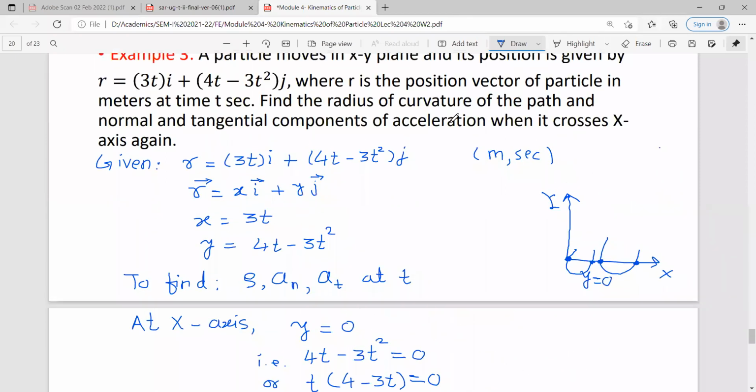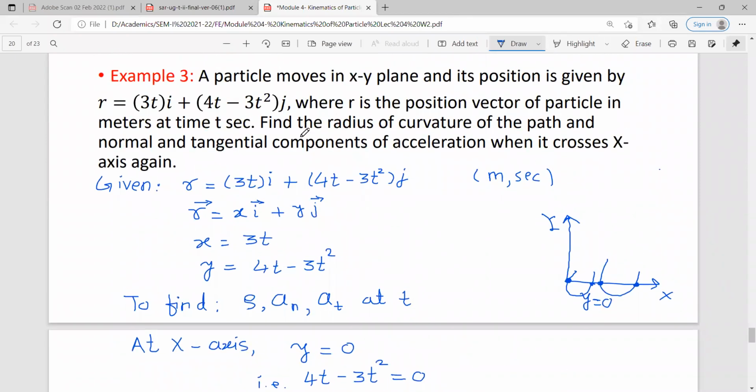Look at the wording: when it crosses x-axis again.